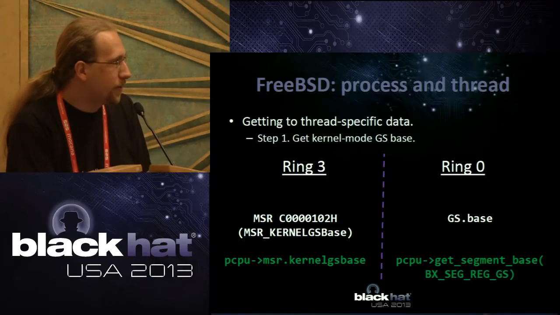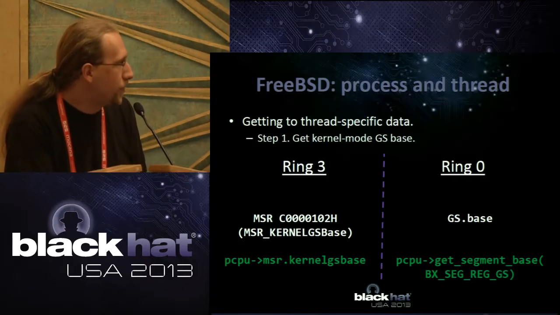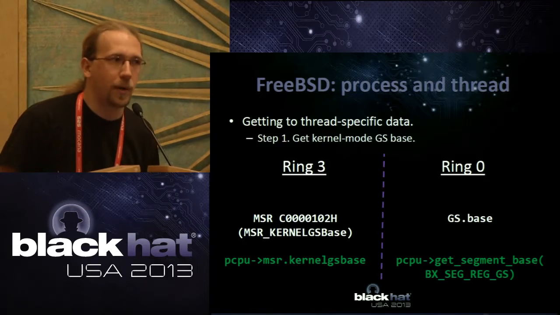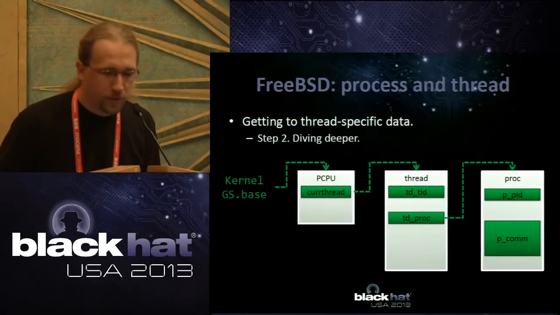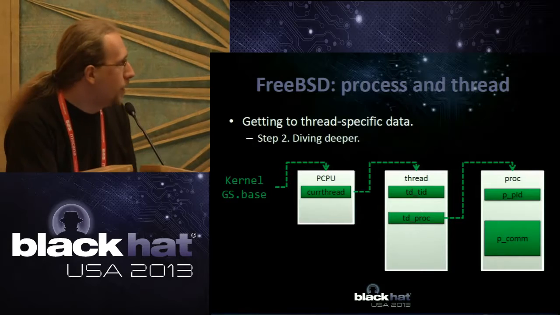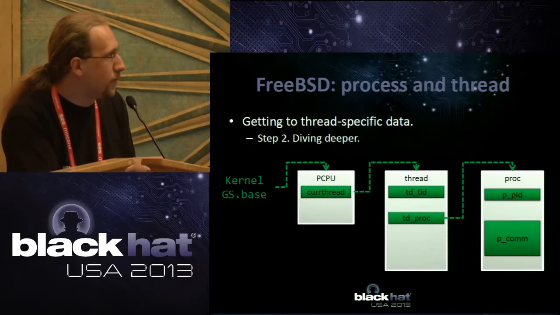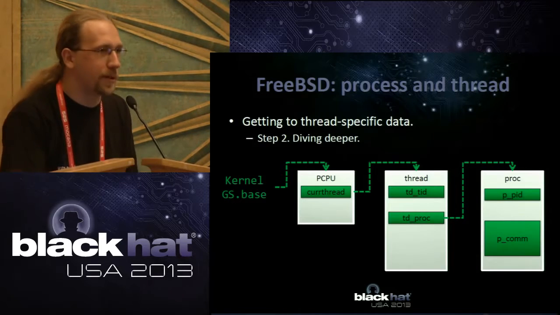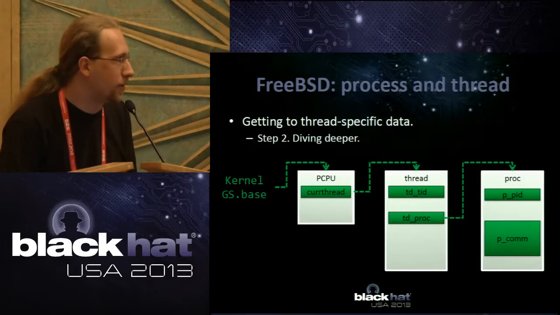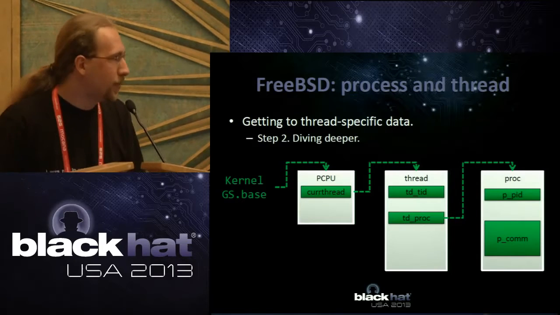You can read it either directly from the register in ring 0 or from the MSR that is used by the swapgs instruction. Once you have it, you traverse down. You go into the thread structure, read the thread ID, go into the process structure, read the PID. This is actually the process ID, and this is actually the thread ID, so it's not like the name confusion on Linux. And the name of the process.